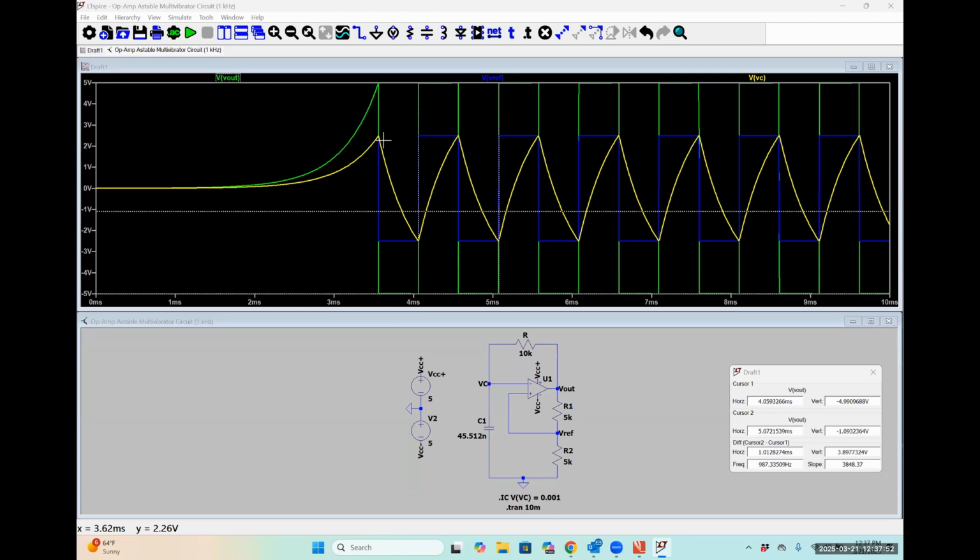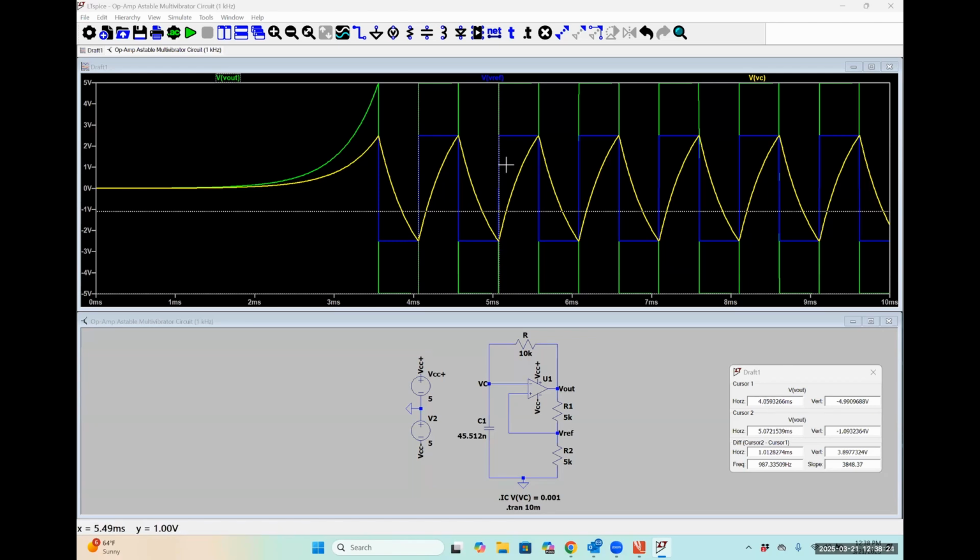I designed this circuit specifically to have oscillations at a frequency of 1 kilohertz, and we can see that here. I have my first marker right here, where my output voltage has switched high after my transient died out, and that horizontal axis occurs at 4.059 milliseconds.